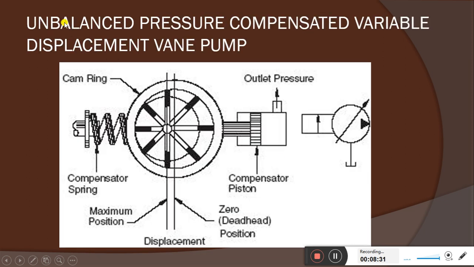Next, the unbalanced pressure compensated variable displacement vane pump.